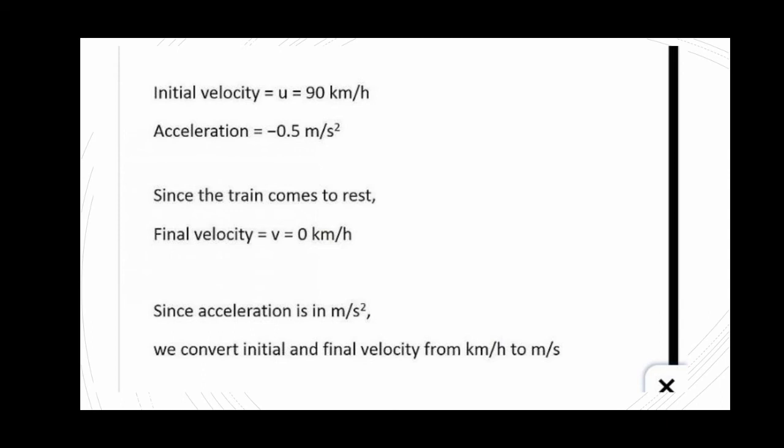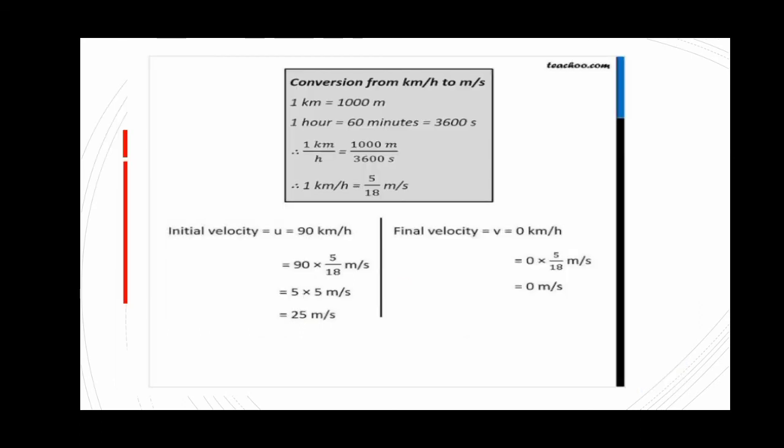Since acceleration is in meter per second square, we have to convert initial and final velocity from kilometer per hour to meter per second. For that, we have 1 kilometer is equal to 1000 meter, 1 hour is equal to 60 minutes equal to 3600 seconds.